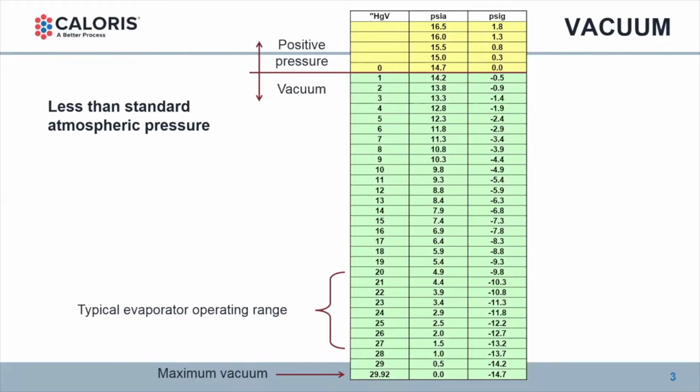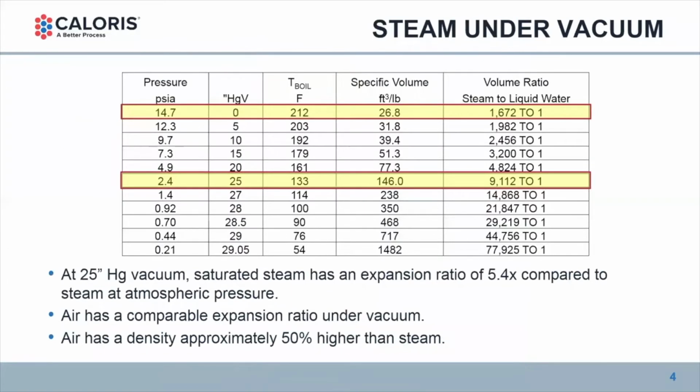The second concept we'll talk about is, why do we operate under vacuum? And that is because we can boil water at a lower temperature. Most of us are familiar with the phenomenon. If you try to boil water on top of a mountain and cook something in that boiling water, it takes longer.